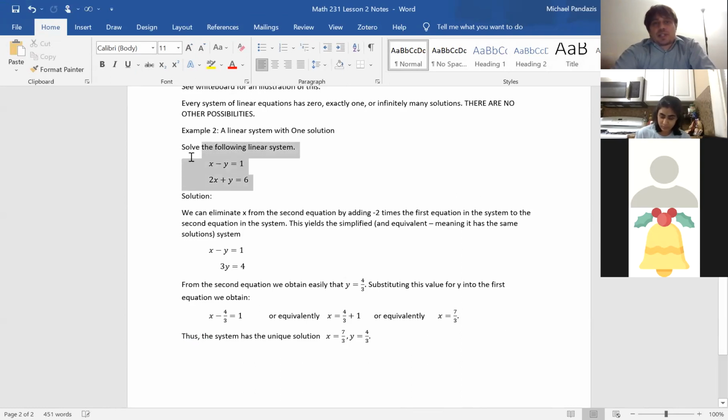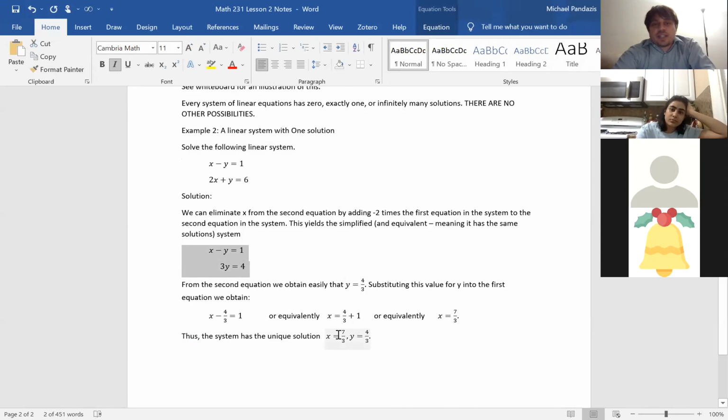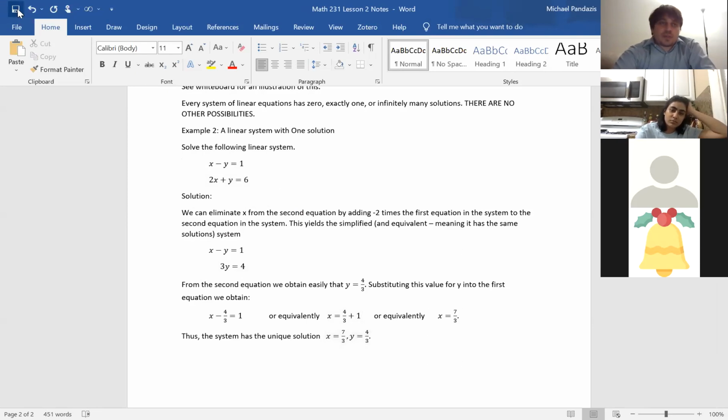Because what I said before is that the act of adding -2 times the first equation to the second and getting a simplified system did not change its solutions. And so knowing that the solutions of the second system is x equals 7/3 and y equals 4/3, and the way I changed it didn't change its solutions, the solutions to this is the same as the solutions of that. So the original system also has the same solution, x equals 7/3 and y equals 4/3.